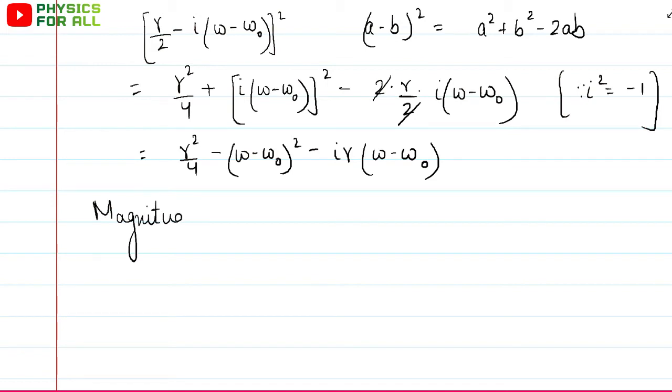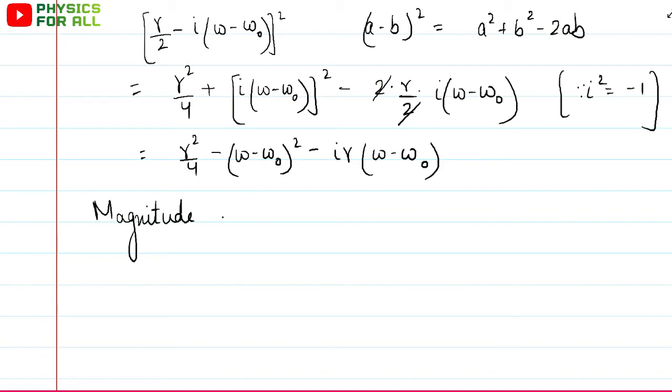Now we have to find the magnitude. I told you that simply squaring a complex number will not help, because even after we square a complex number, we will still get iota, which is an imaginary number. And to find the magnitude, we want to get rid of this imaginary part. So we have to do one step extra, which is to find the magnitude of this expression.